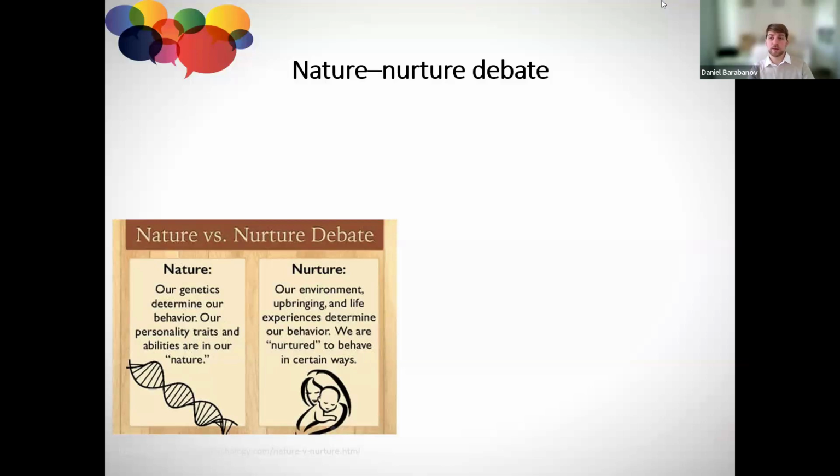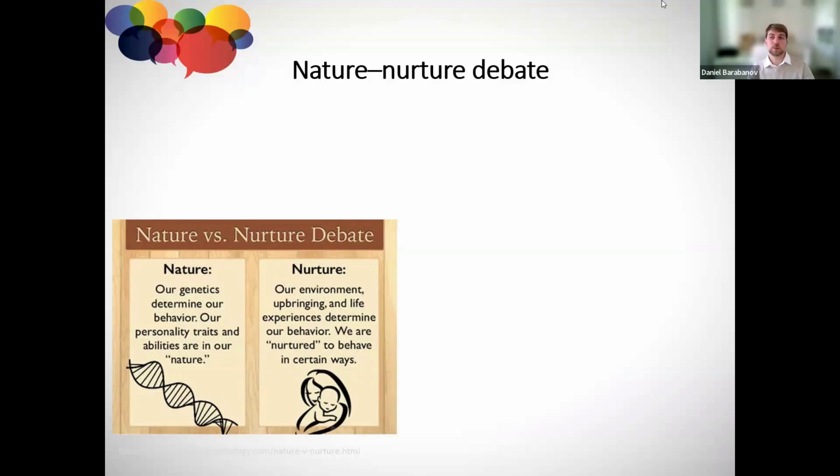And for many centuries, people argued which is more important. If a person is good, talented and hardworking, is it because of special genetics they had from their parents, or is it a matter of upbringing?